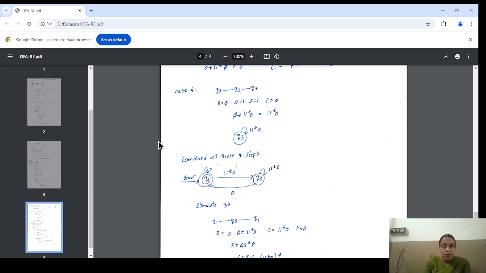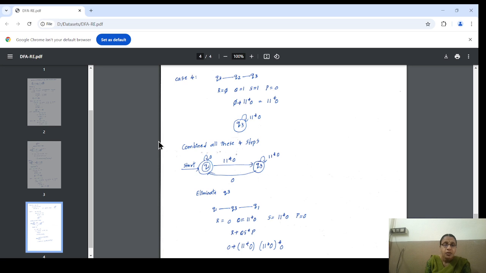Q1, Q3. So we have to eliminate the Q3 state also. For eliminating Q3, we are taking the path Q1 to Q1. So Q3 is intermediate. For Q1 to Q1, we have the direct path, so we have R value 0. Q means Q1 to Q3, we have the value Q equal to 1 star 0, and S means Q3 is self, that is 1 into 1 star 0, and P equal to 0.